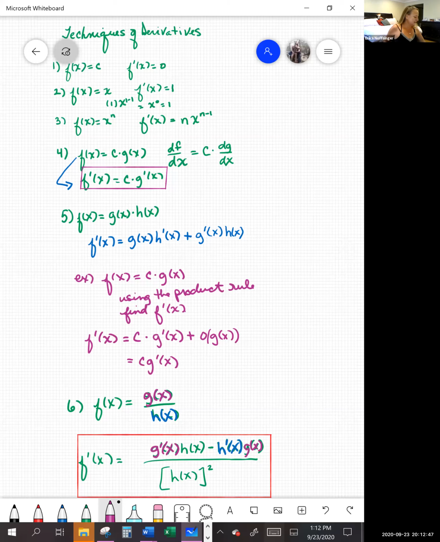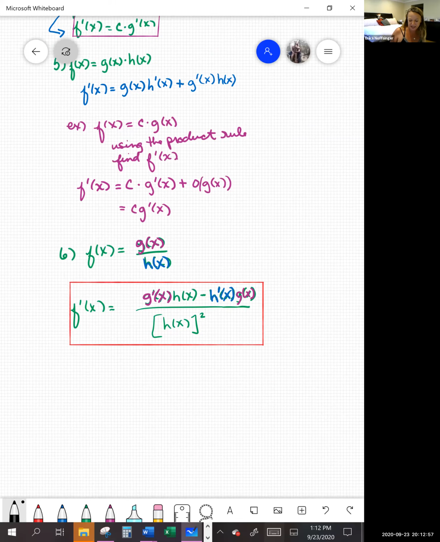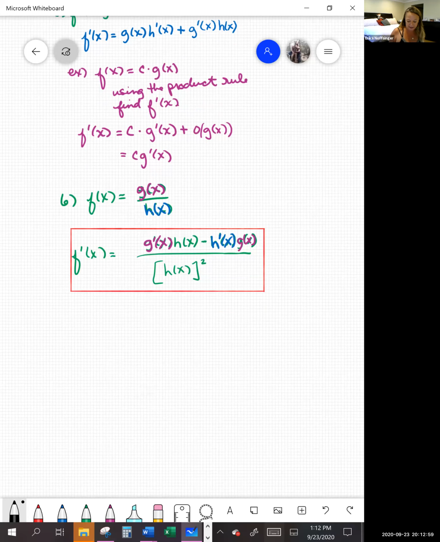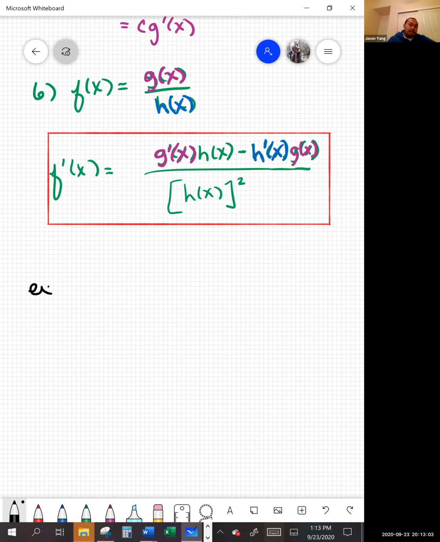Those are things you're going to want to know because you're going to be using them a lot. And then there was one more property in this chapter that we did not get to, and that is the derivative of e to the x. That's not an example, it's just a rule.